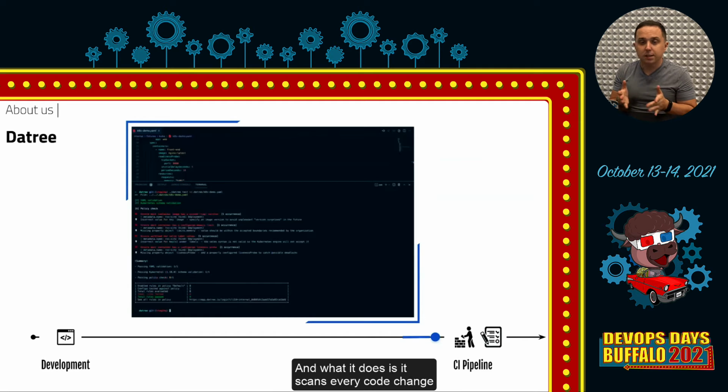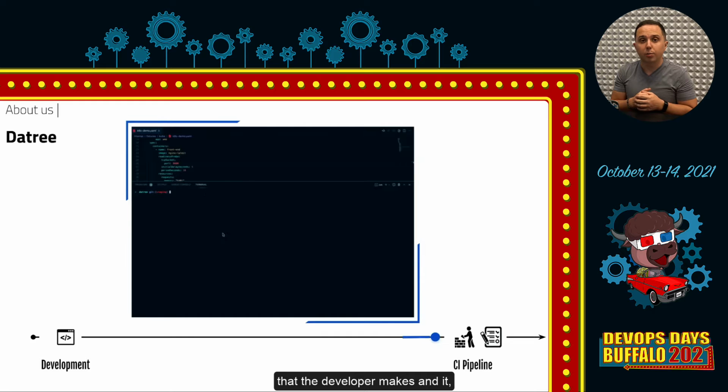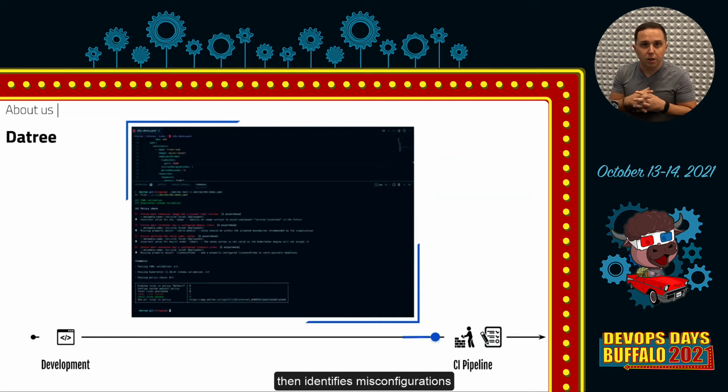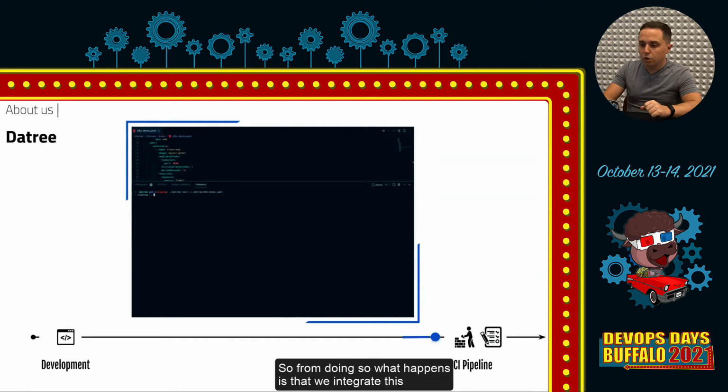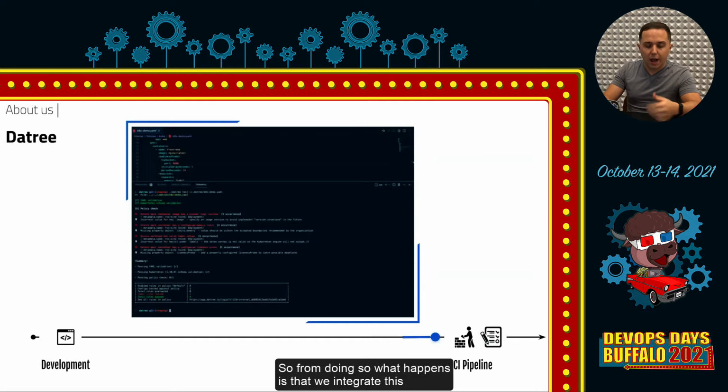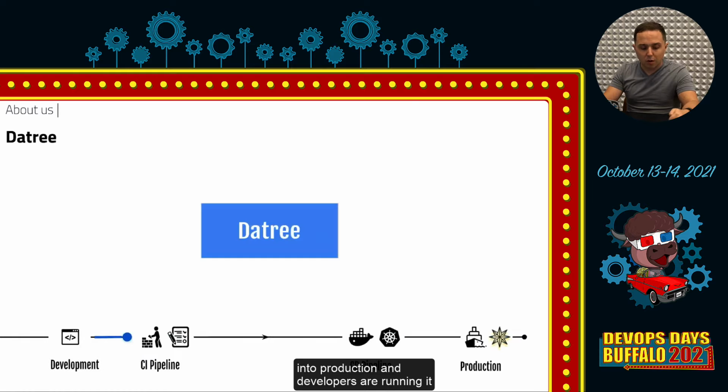What it does is scan every code change that a developer makes, identify misconfigurations, and block the changes from reaching production. We integrate this into production, and developers run it on their laptop and also in their CI/CD pipelines.